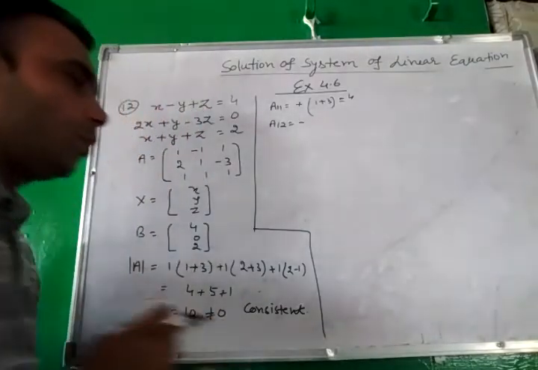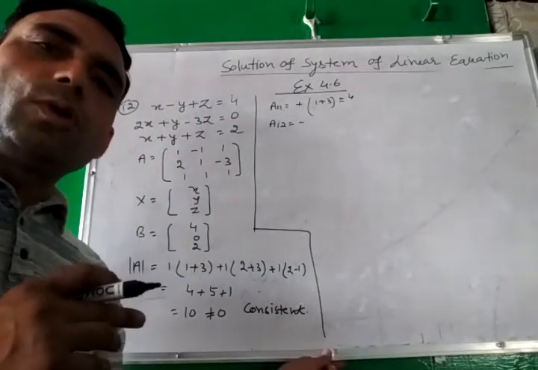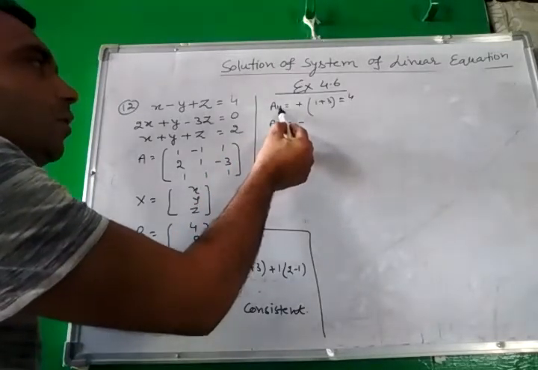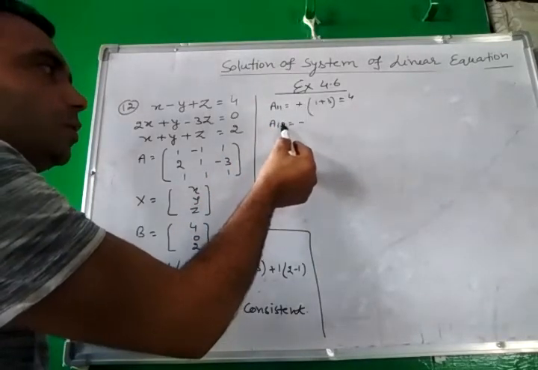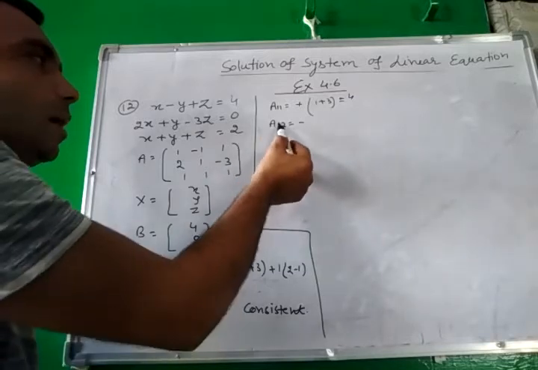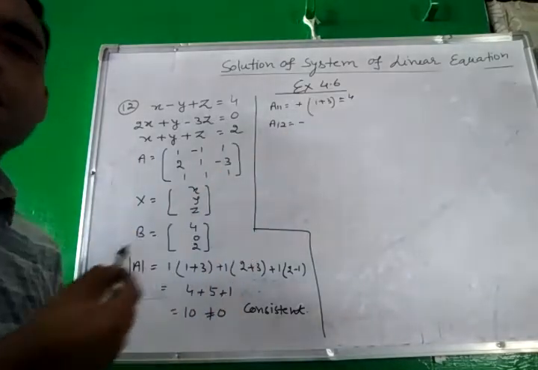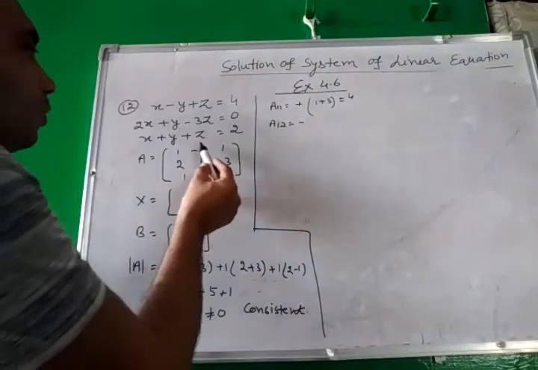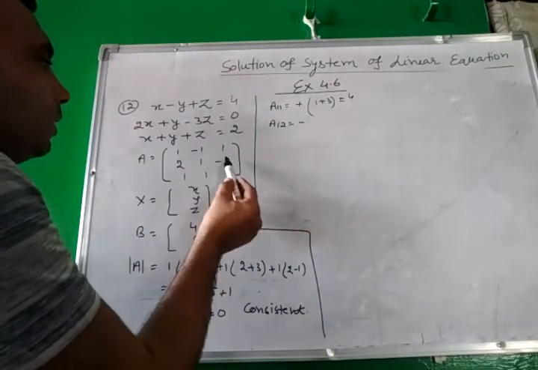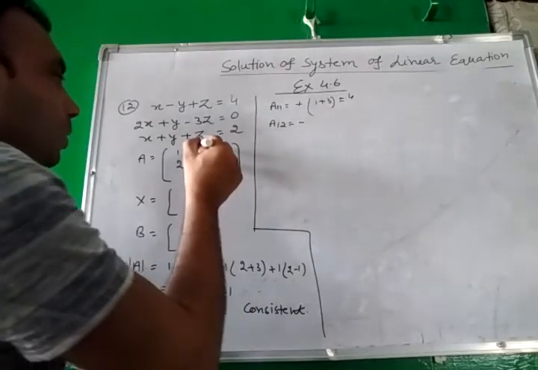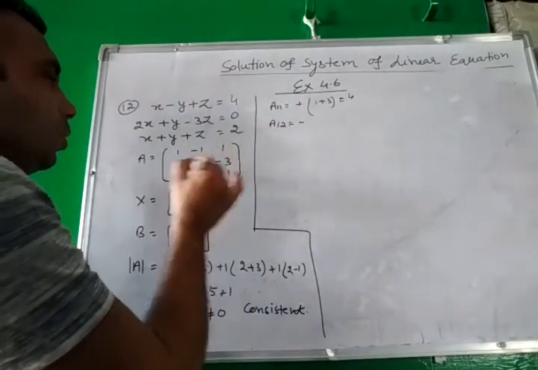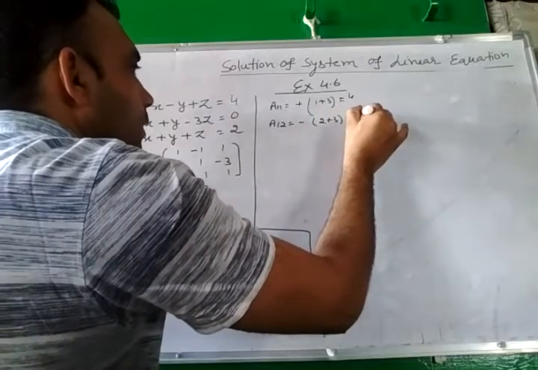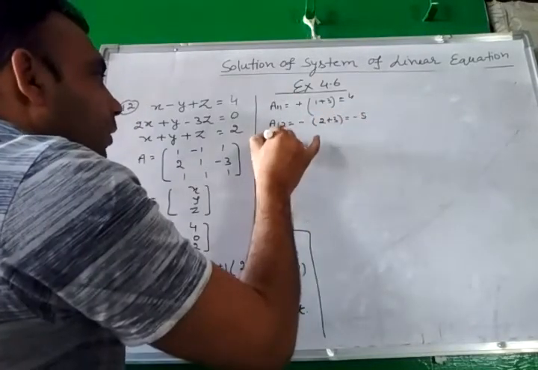We will directly put positive and negative sign according to the sum of i plus j. If sum of i plus j is even, then sign is positive. If sum is odd, then sign is negative. Minus 1 to the power i plus j. So for 1, 2, leave this row and column: 2 plus 3 is equal to minus 5.